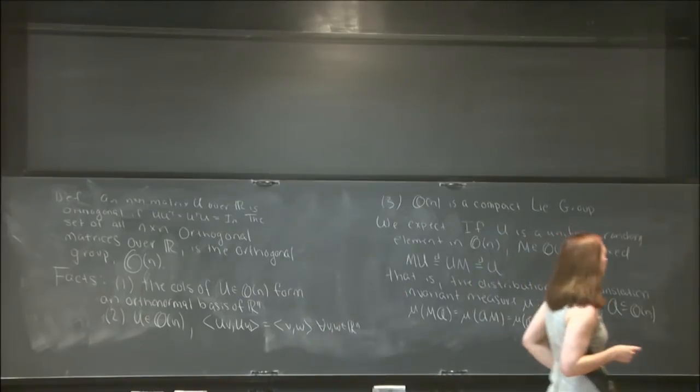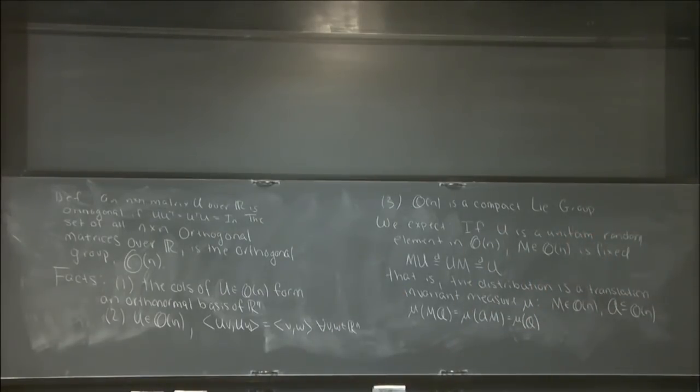So this is a theorem: there is a unique translation invariant probability measure on our orthogonal group, and we call this Haar measure.